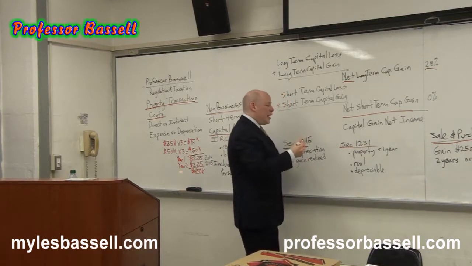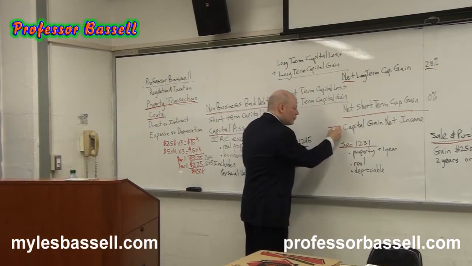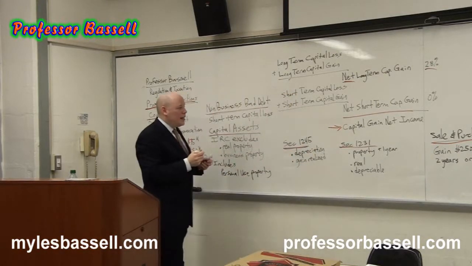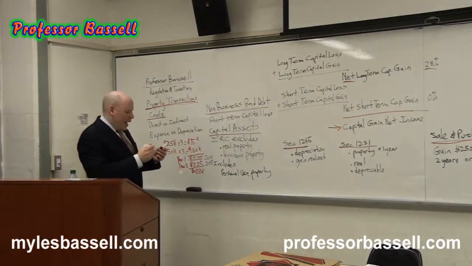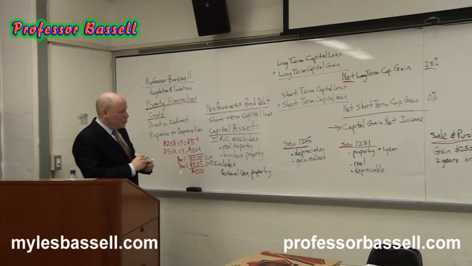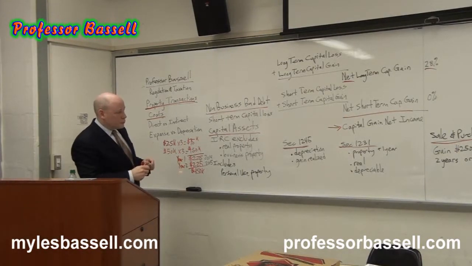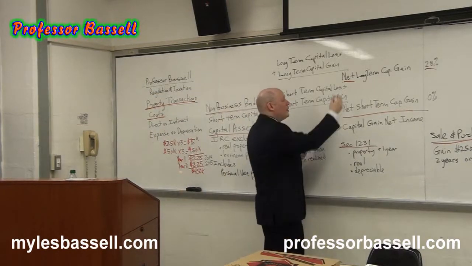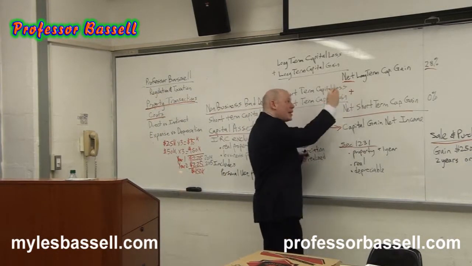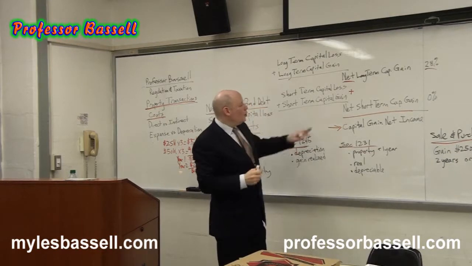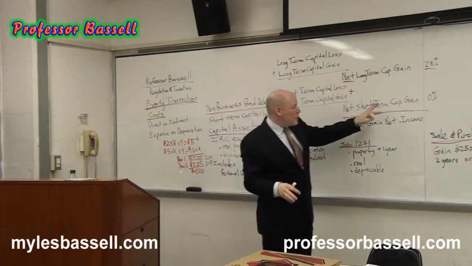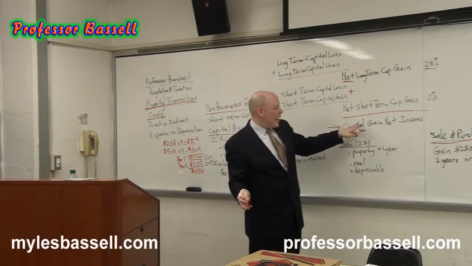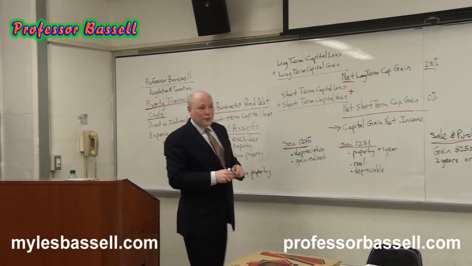We're going to look at an example and do some calculations to determine the capital gain net income, which is what? It's when we add the net long-term capital gain with the net short-term capital gain. What does that give us? That's going to give us the capital gain net income.